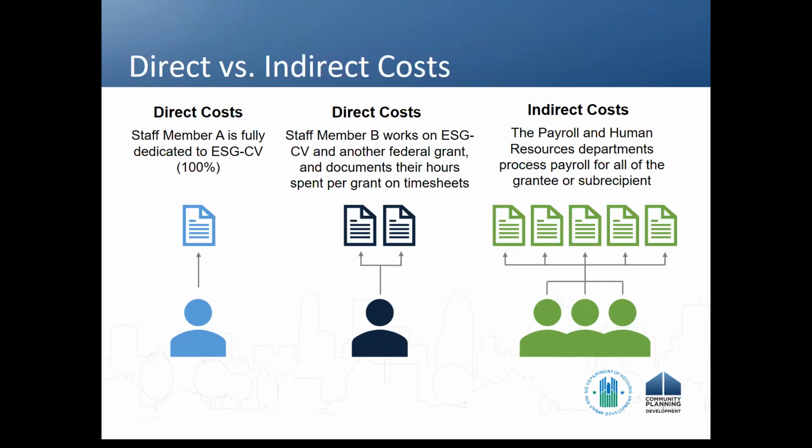Costs incurred by a grantee's payroll and human resources departments, however, are indirect costs, since those departments provide services for all of the grantee's employees or the subrecipient's employees, regardless of their role, function, or funding source. Those costs are real costs, but they're spread across the entire subrecipient or grantee entity, and they're not readily assignable just to the ESG-CV award or any other particular funding source.